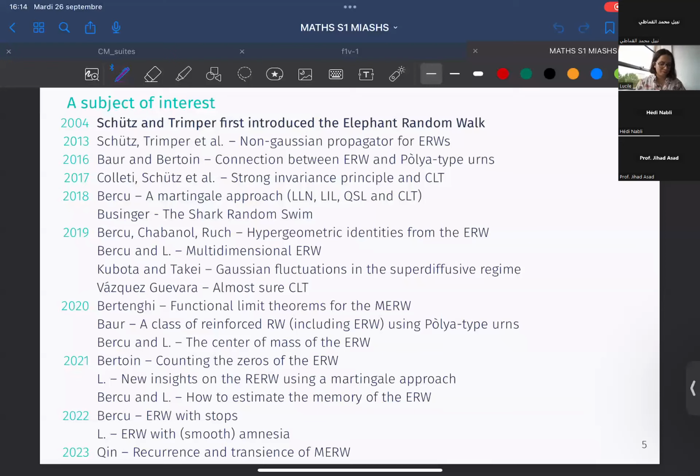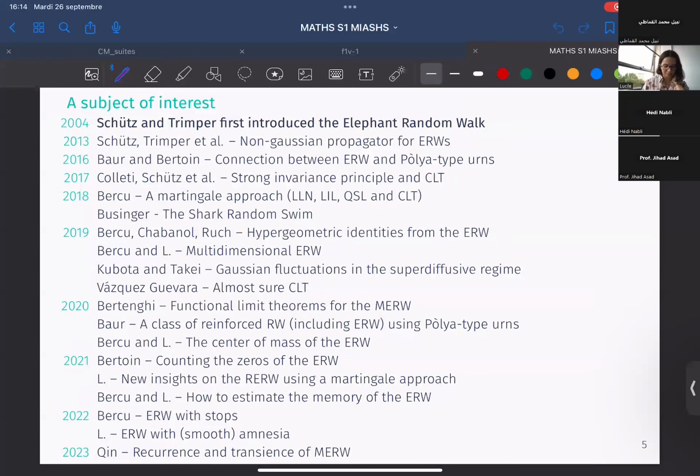The mathematician Jean Bertoin, for example, was interested in counting the zeros of the elephant random walk. That is, he wanted to know if the elephant random walk was recurrent or transient in dimension 1, and there is a generalization of the elephant random walk in dimension D. And just last week, some PhD student studied this in dimension 2.